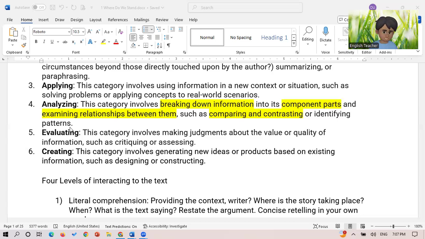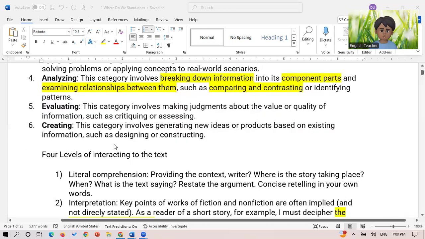Then the fifth stage is evaluating. Here, by now you have a good understanding of the essay, and now you pass your judgment about the essay. You say where you agree with the writer, you say where you disagree with the writer, and you give reasons why you agree and why you disagree. You pass judgment about how important Lisa Davis' ideas are.